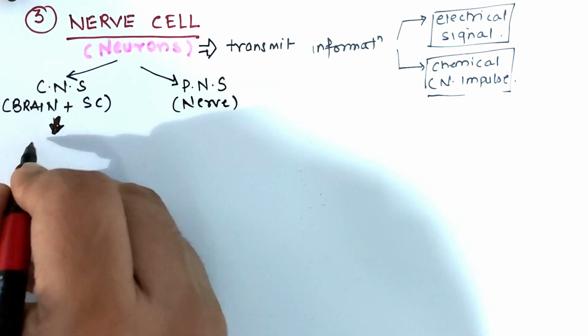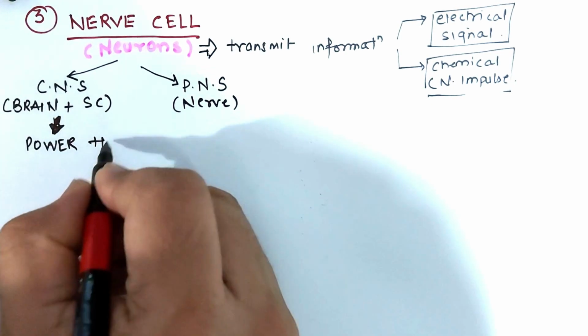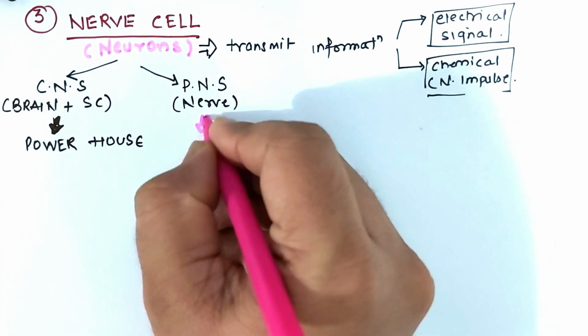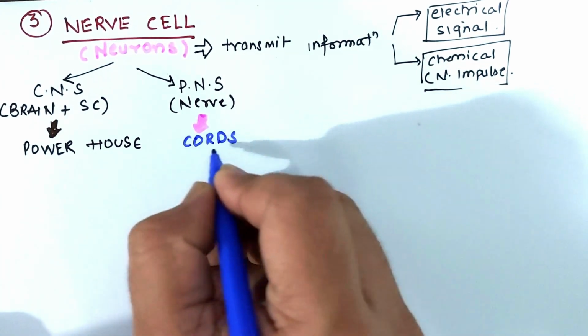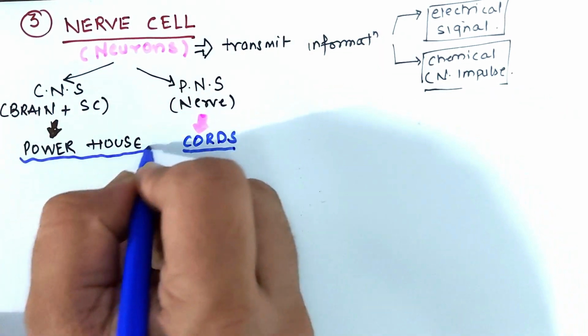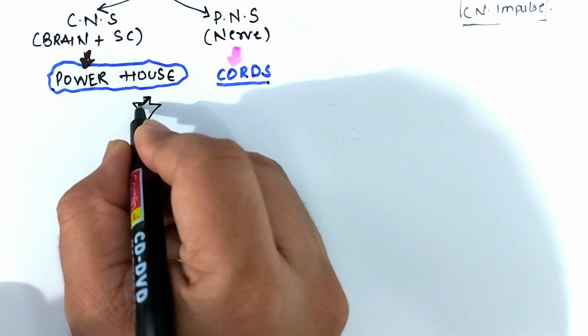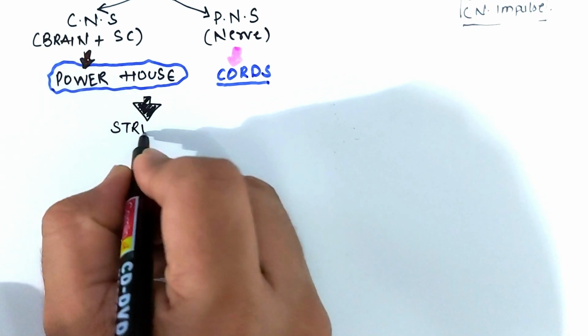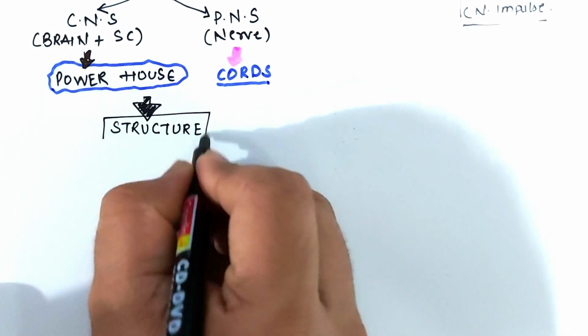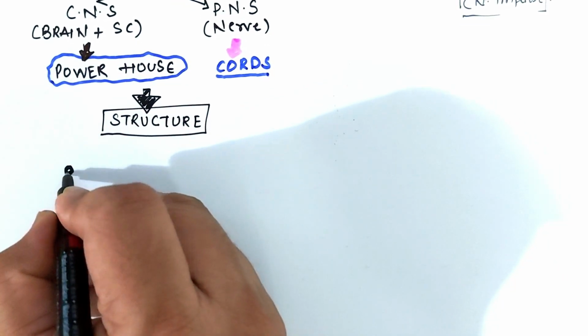CNS is often considered as a powerhouse and PNS as a cord that supplies information to the terminal organ system. While neurons have a lot in common with other types of cells, they are structurally and functionally unique.